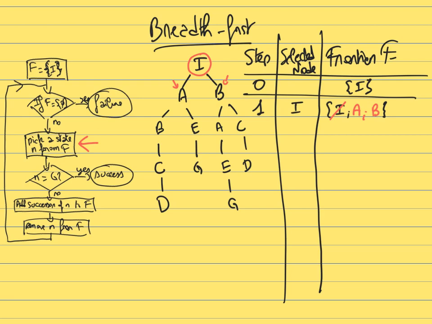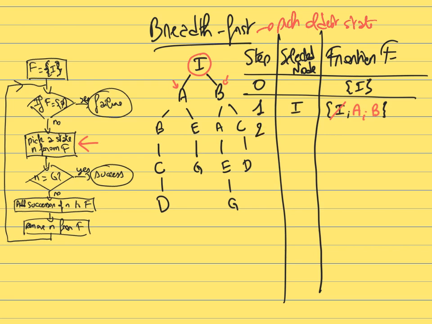You will pick the oldest state that you have in your frontier. At each iteration, you will go back to the oldest state that you have not visited yet. In your frontier, you have two elements, A and B. In this case, the oldest would be element B.